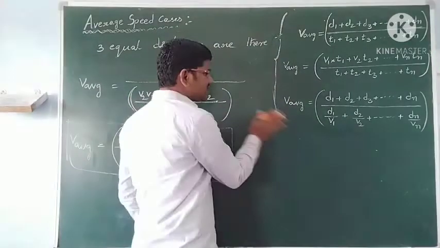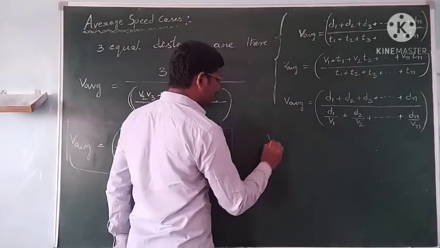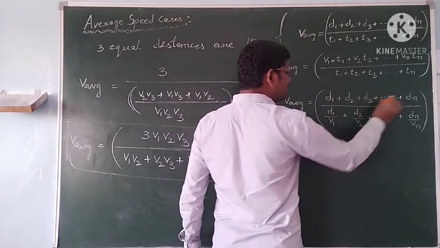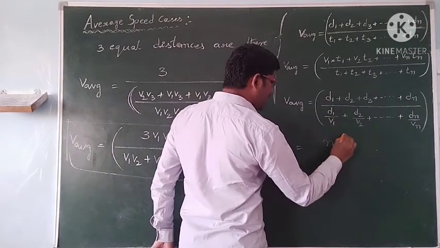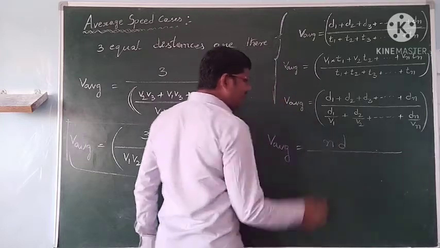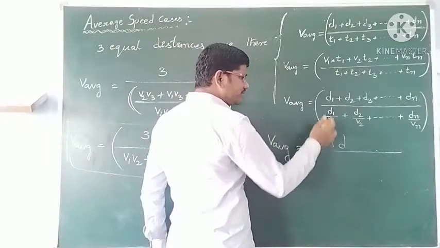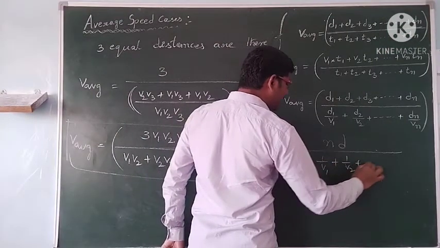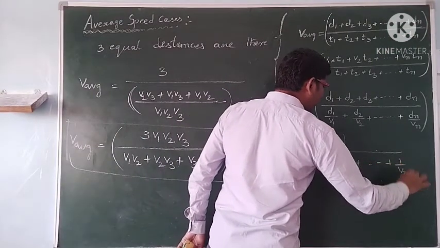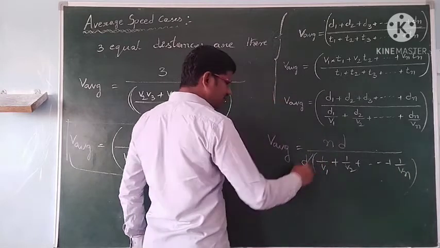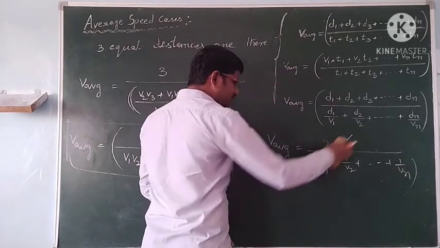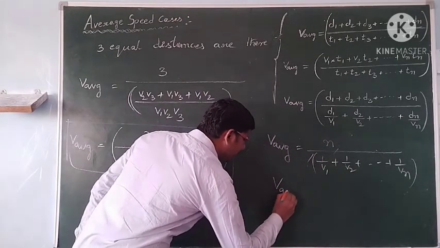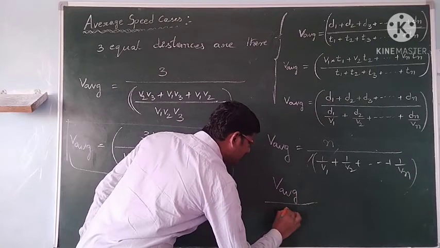Okay students, and if you have n equal distances, already I have given a formula. So then V average is equal to D plus D plus D plus D, n times, we have n into D by, what do we have? Already derived. So D take it common, 1 by V1 plus 1 by V2 plus so on 1 by Vn, and you have D common. This D and D gets cancelled, and send that n to the denominator.